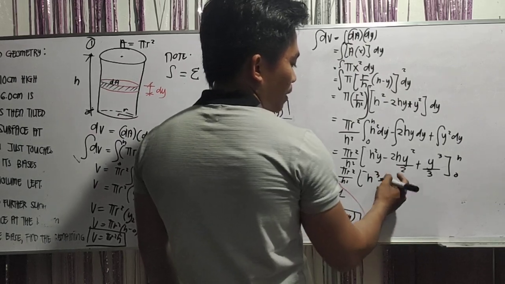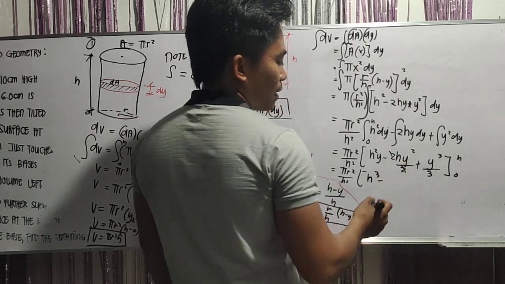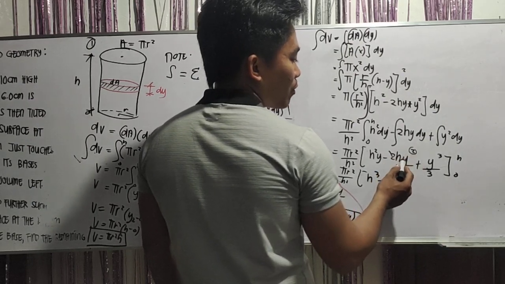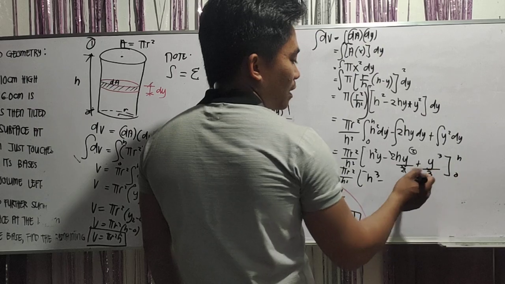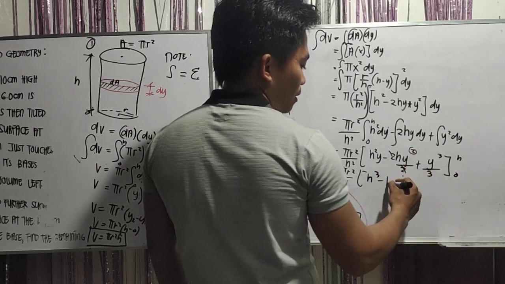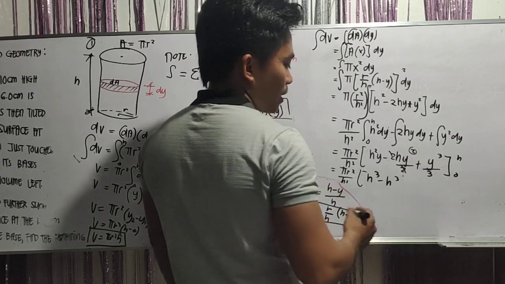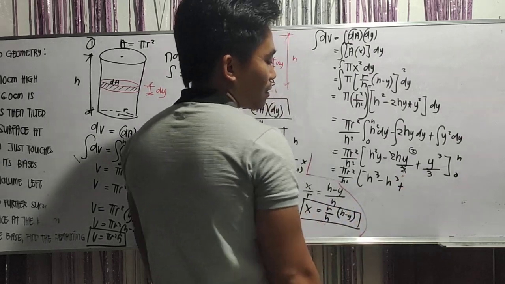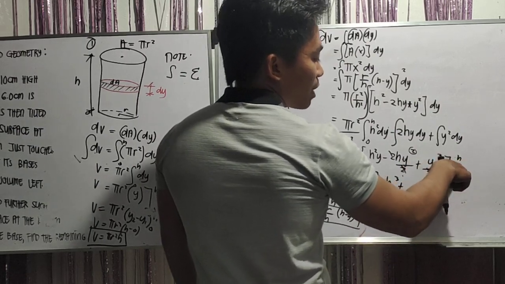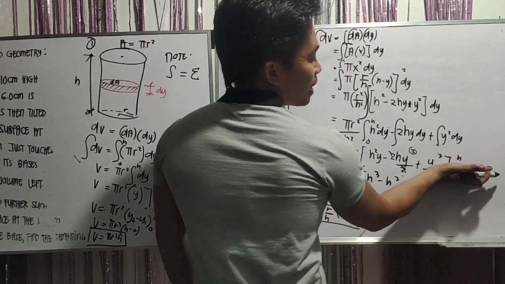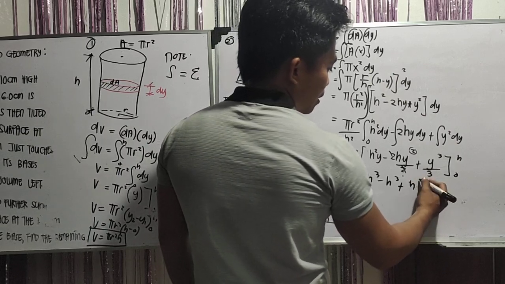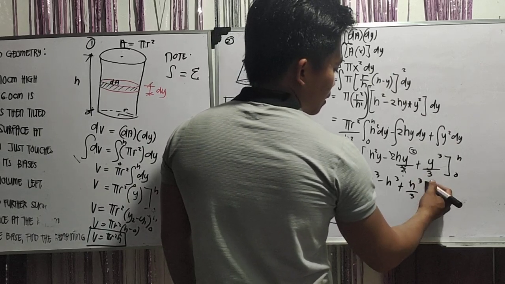Okay? How about this one? Makakancel lang yan. Okay? So h times y squared, which is, yung y mo is h minus 0. Or simply h. So what will happen? H times h squared. This is just h cubed. Okay? Plus, eto ngayon. Yung y mo, substitutan mo ng h minus 0 or simply h cubed. Okay? So, h cubed over 3.